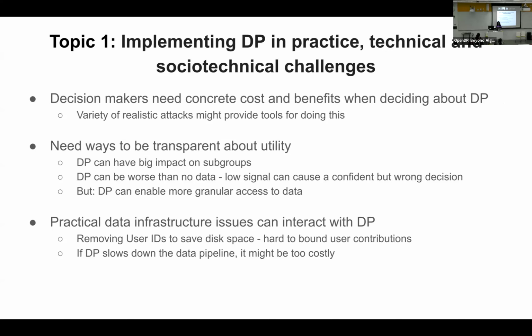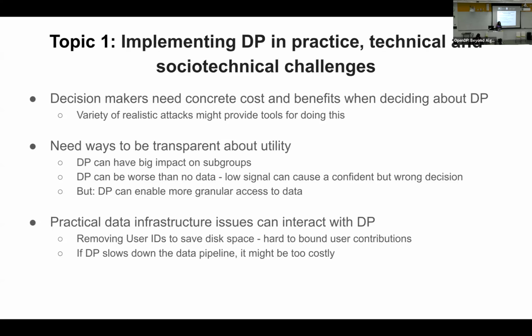And I guess one of the recurring final things in our conversation was practical data infrastructure issues that can interact with differential privacy. So removing user IDs to save disk space, and we had a conversation about how companies do this. They remove different user IDs and store the data. So sometimes it is hard to bound user contributions because companies do this kind of thing.